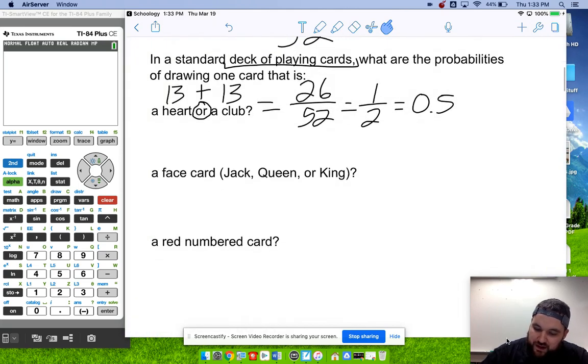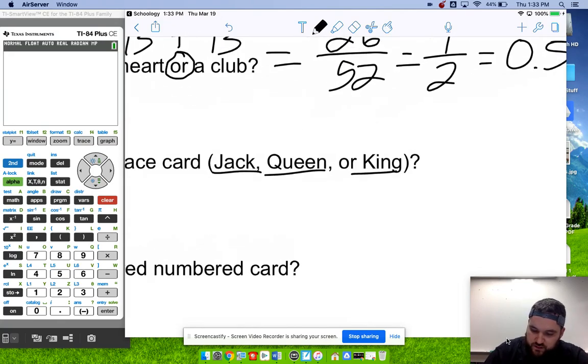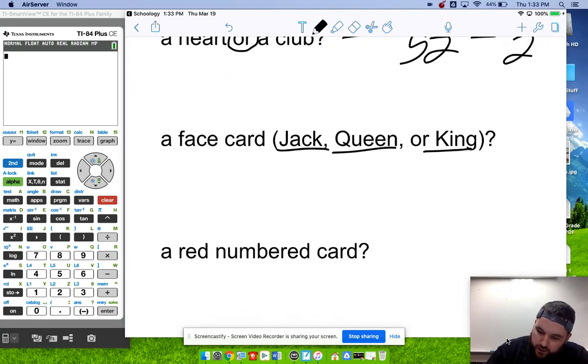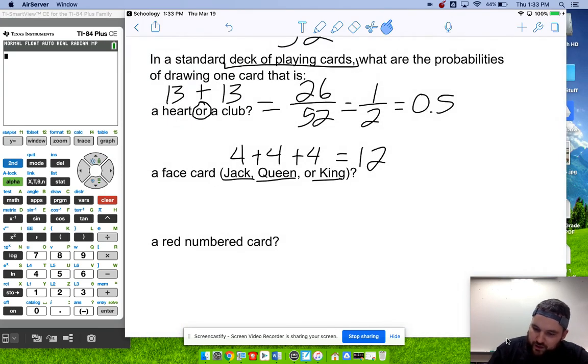What is the probability that I draw a face card? A face card literally has a face on it, right? So there are 3 types of face cards in the deck: Jack, Queen, or King. There are 4 of each of these, so 4 plus 4 plus 4 is 12. So in this case, what's the probability that one card is a face card? It would be 12 out of 52.